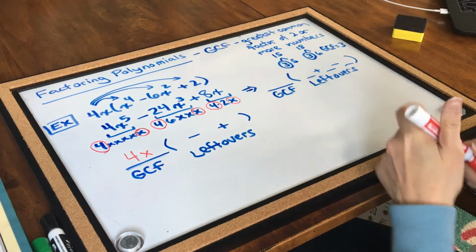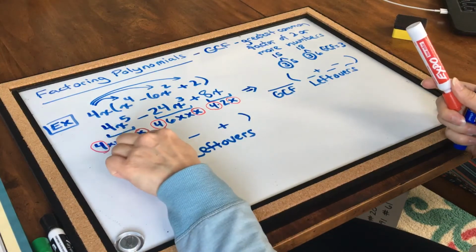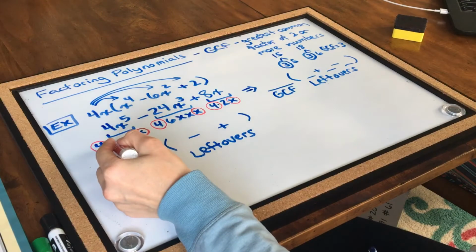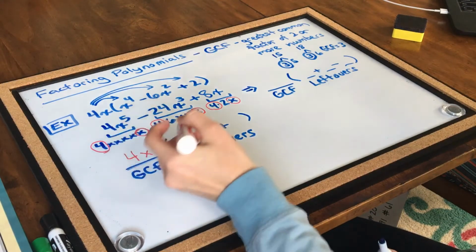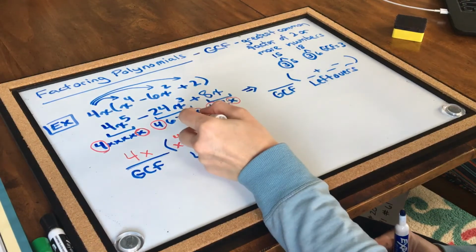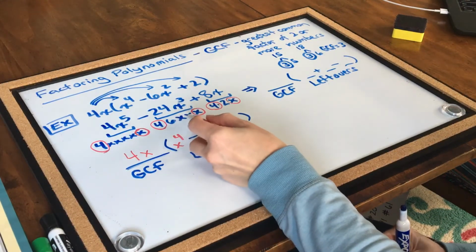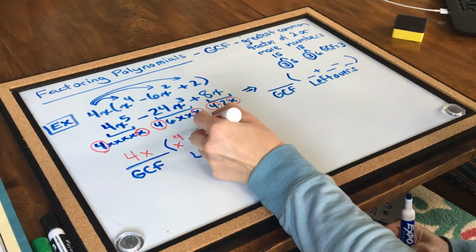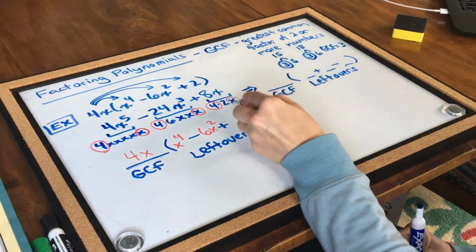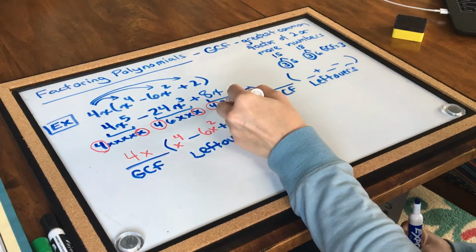And then in my leftovers section, I'm going to write everything that's left over. So first of all, right here, I have 1, 2, 3, 4 x's. So that's x to the 4th. Then my second term, I have 6 and 2 x's. So that would be 6x squared. Last but not least, in my final term, all I have left is a 2.